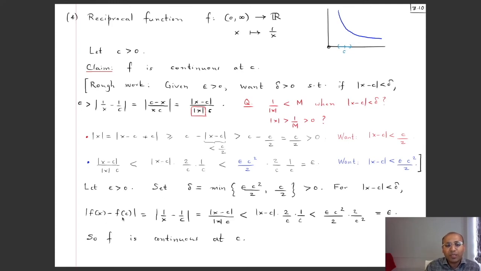So |f(x) − f(C)|: f(x) is 1/x, f(C) is 1/C.